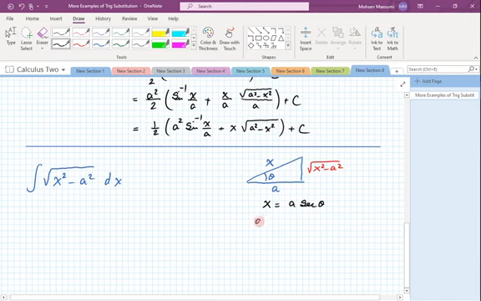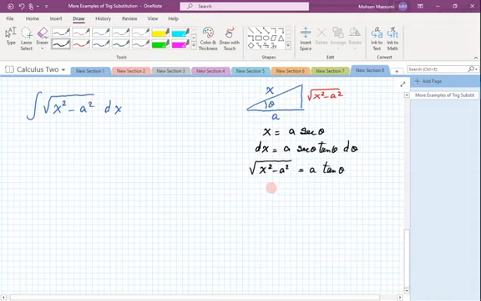Then we need our differential as well, so it's going to be a secant of theta tangent of theta d theta, because that's the derivative of secant, and then I need my radical x squared minus a squared. That's of course going to be the ratio of this to that, which is tangent of theta, so this is a tangent of theta.